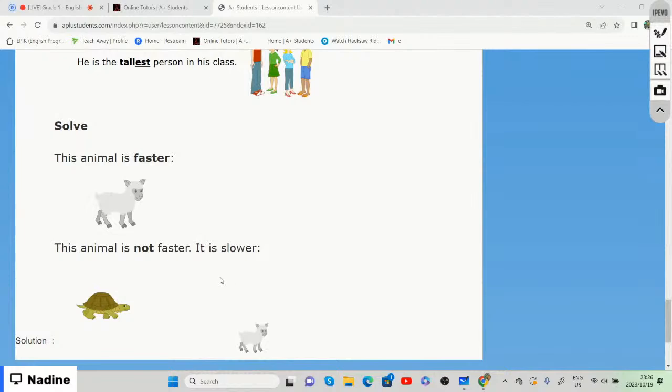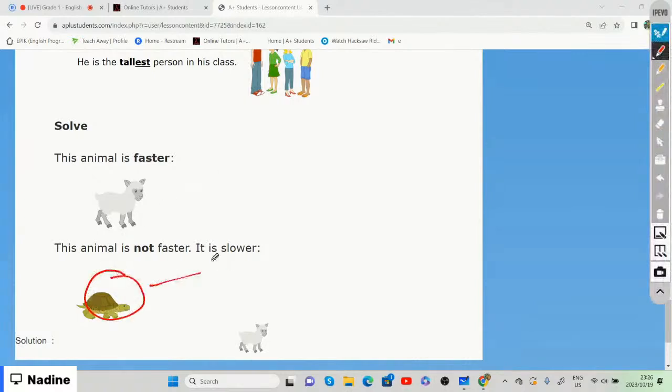So we can say this one here at the bottom is slower than the sheep. So we are comparing these two animals. So we see that if we compare, we only add er.